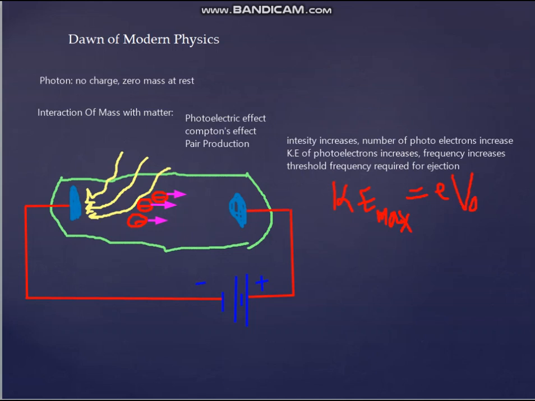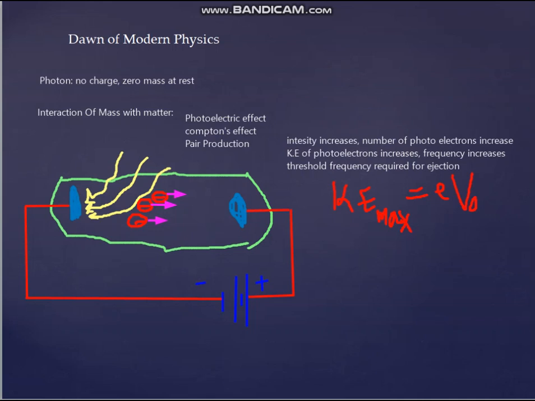But those electrons won't be too attracted to the opposite plate. And as the voltage increases, the electrons that are attracted to the opposite plate would decrease in number.